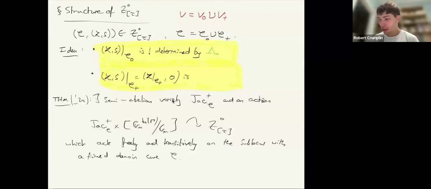This is determined by lambda, but only up to a twist. So in other words, the line bundle is uniquely determined up to twisting by something further.